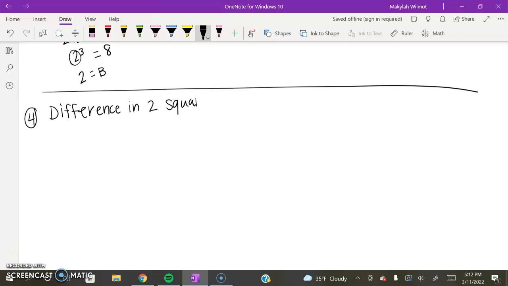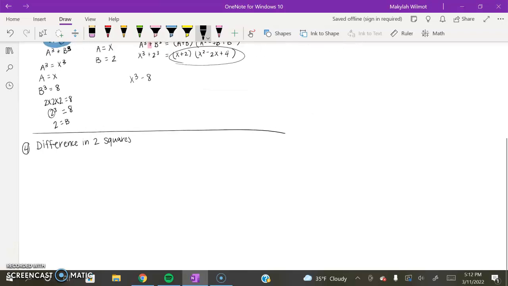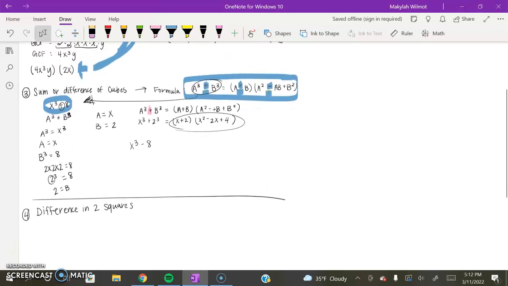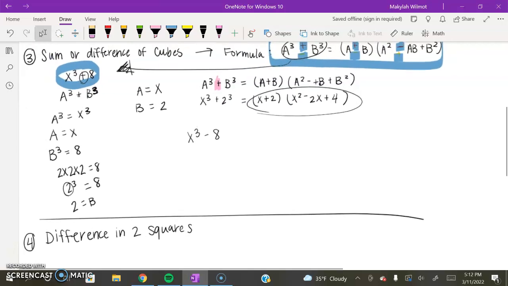The thing about these two is you just have to recognize when something is a cube or when something is a square. It's not something you're immediately going to know, unless you know 8 is a cube. If you see x to the third, that might be a hint.